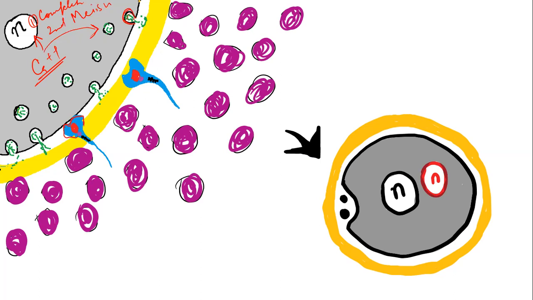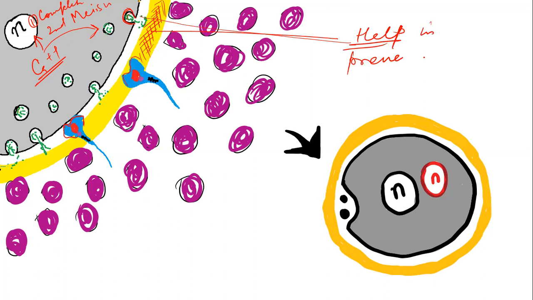Because of the enzymes they release, the zona pellucida will become hard due to changes in the configuration of the proteins present in the zona pellucida. It will become hard, and it will not allow the other sperm which are still trying to penetrate to go inside. So this zona reaction and the cortical reaction together help in preventing polyspermy.